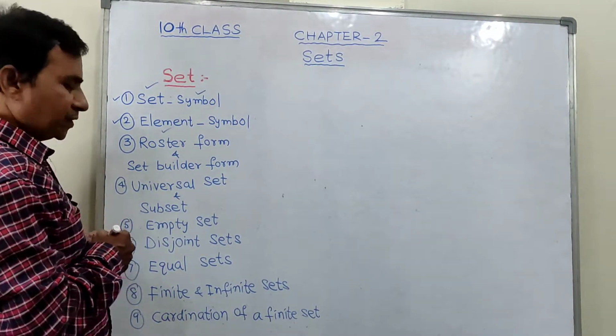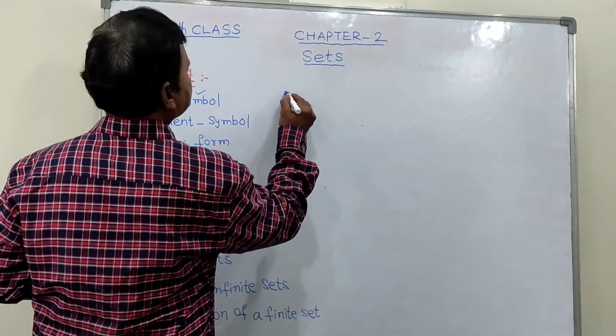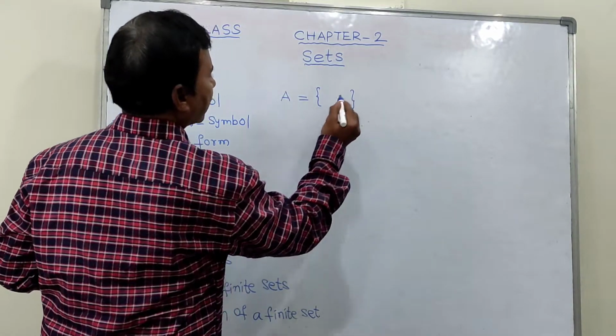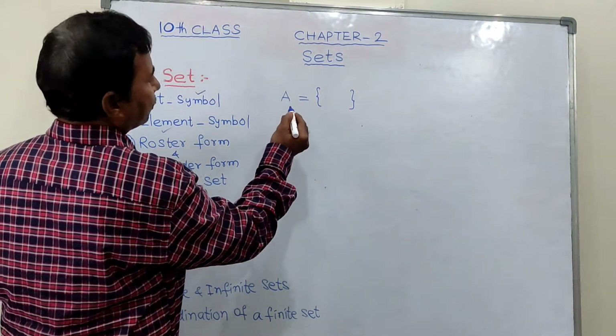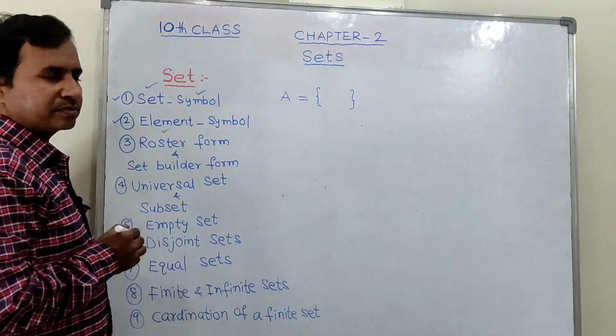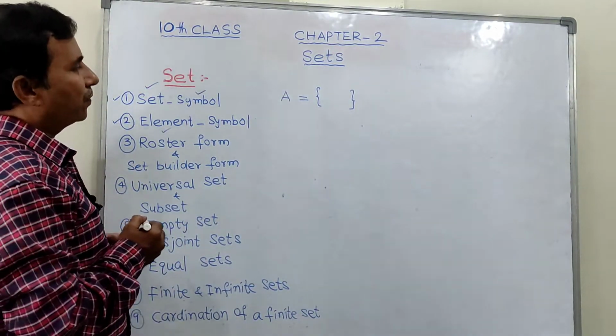Now, the next one is fifth one, empty set. Here I have taken one set, but there are no elements. We are not seeing any elements in the given set.